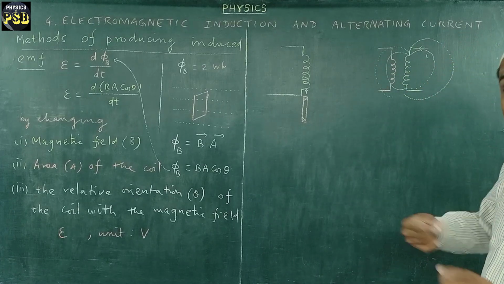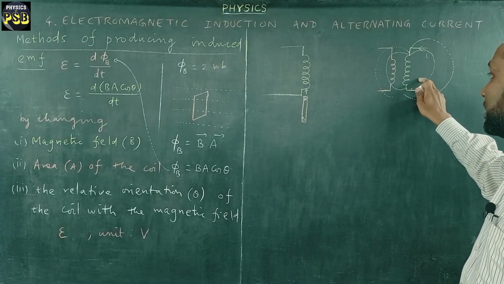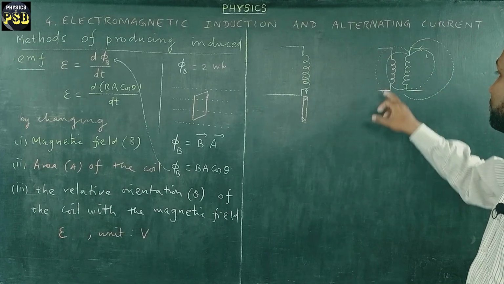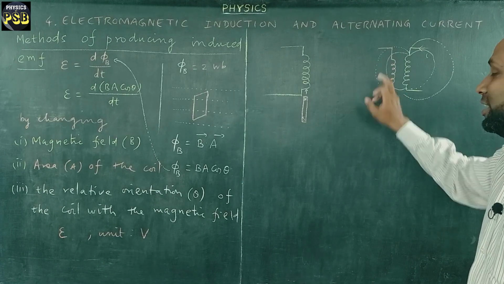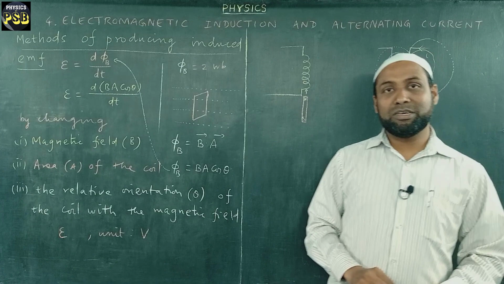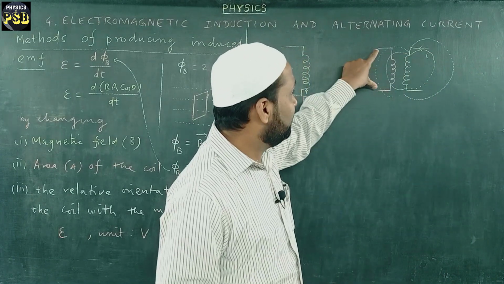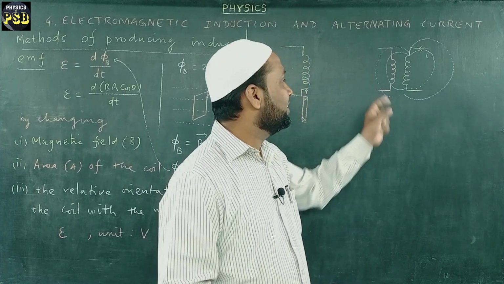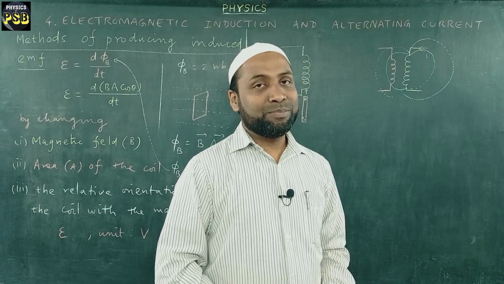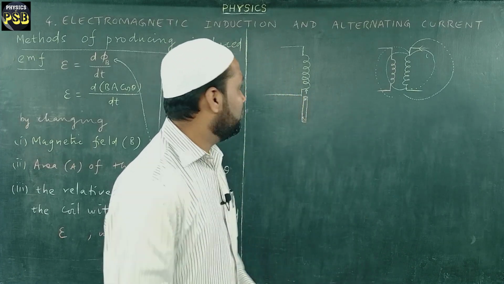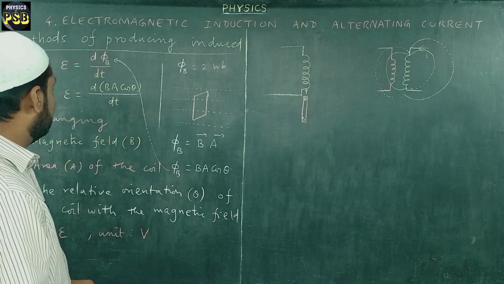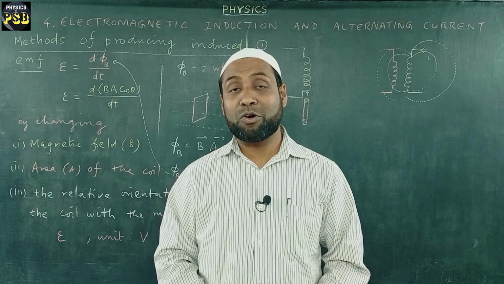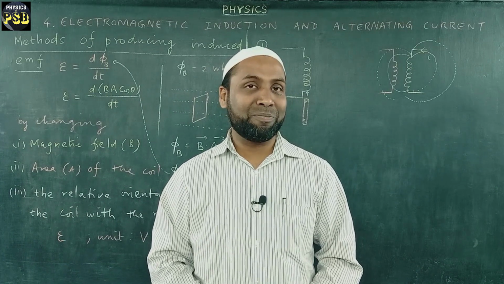Now suppose I change the current passing through the first coil. This will change the magnetic field. As a result, the magnetic field lines linked with the second coil will also change. Because of which the magnetic flux linked with this coil changes and an EMF is induced in it. So, these are the two methods by which the magnetic field can be changed in order to change the magnetic flux linked with the coil to produce the induced EMF.